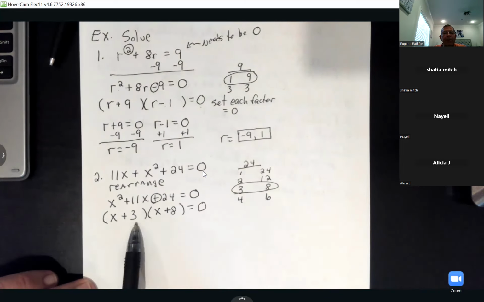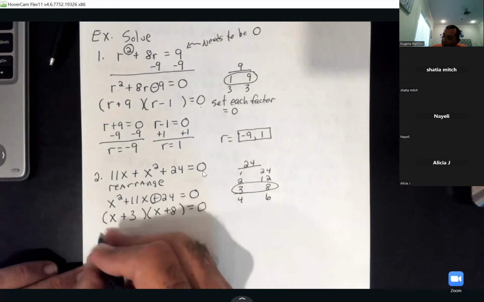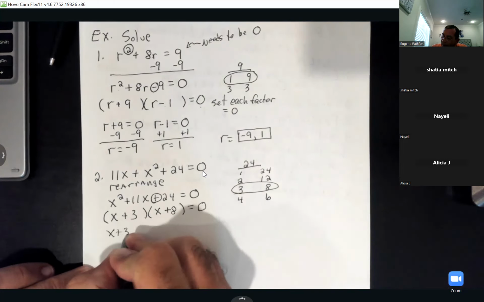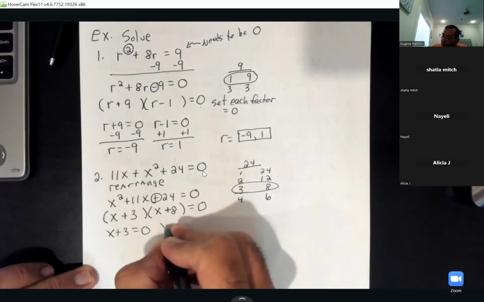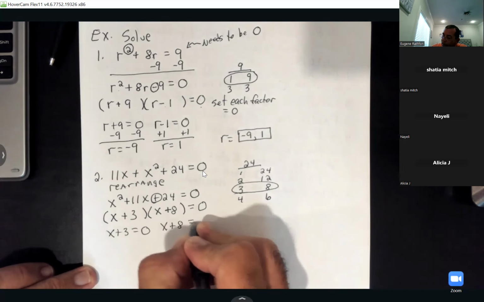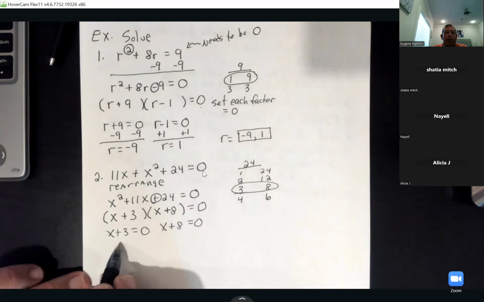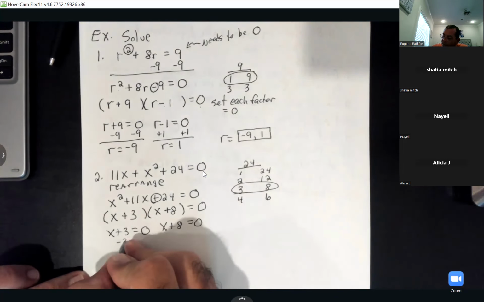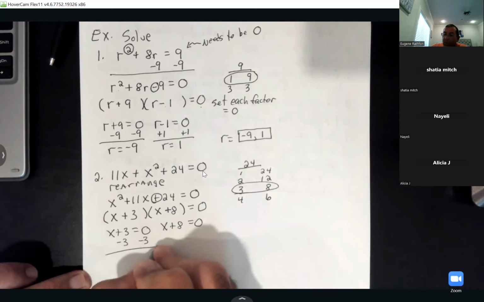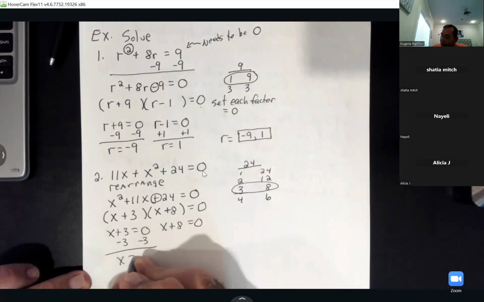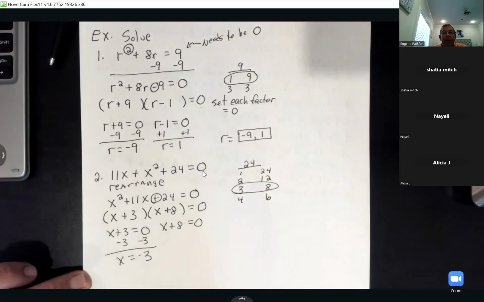So we're now factored. Now set each of these factors equal to 0. Here we go. Subtract 3 on our first one, we're going to get x equals -3.